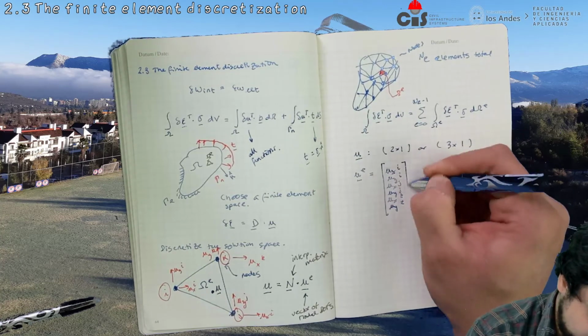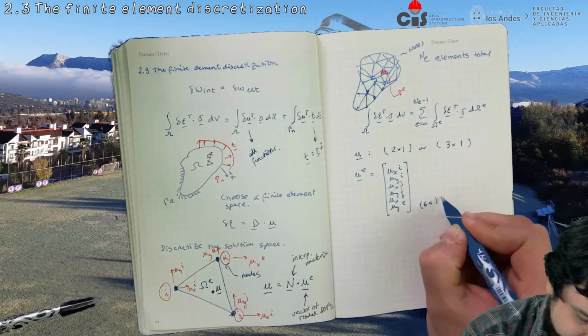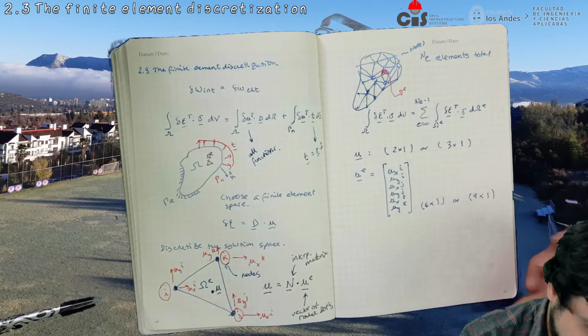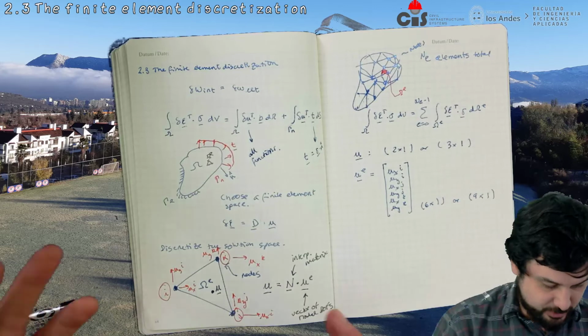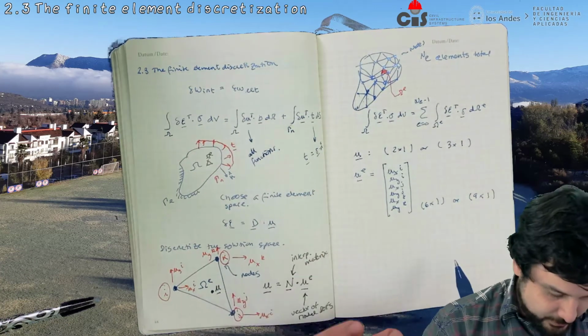So in this case, this is going to be a 6 by 1 vector. Or in 3D, it's going to be a 9 by 1 vector, depending on the number of nodes. Here I have just 3 nodes, but if there were more nodes in an element, we'll see some of those, we could have more.